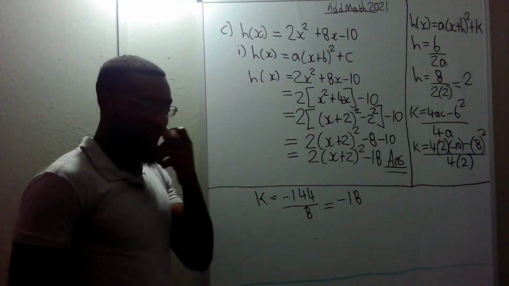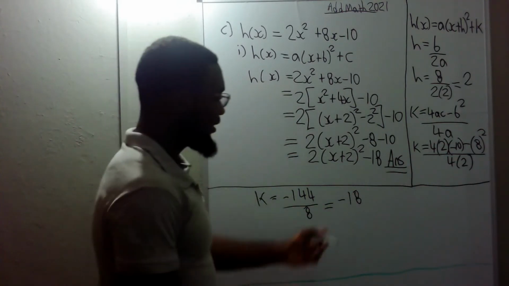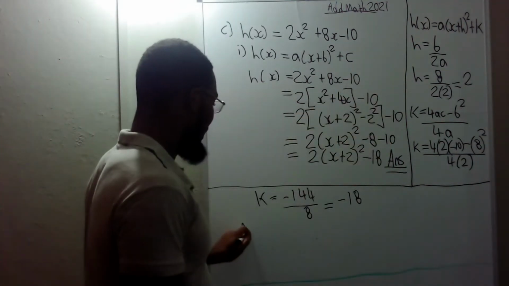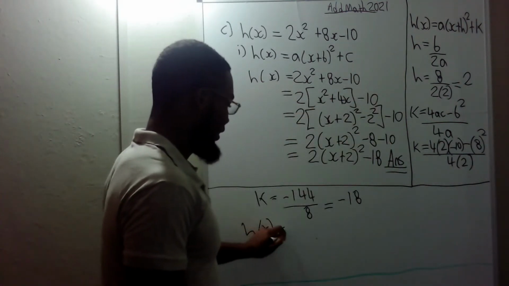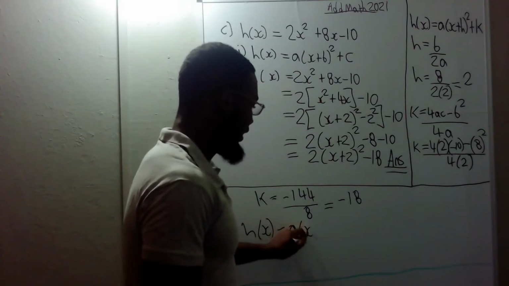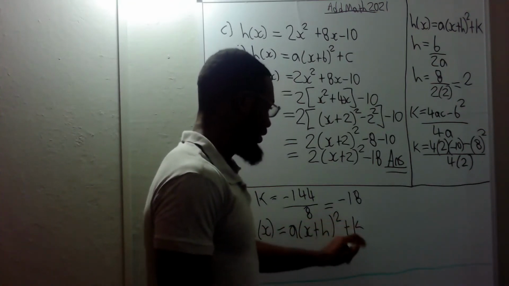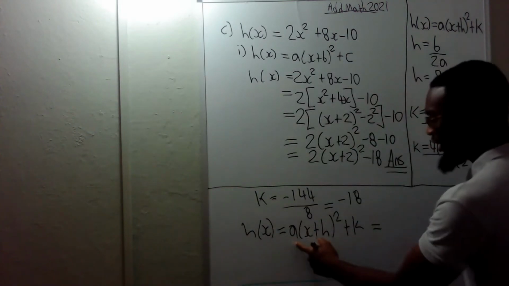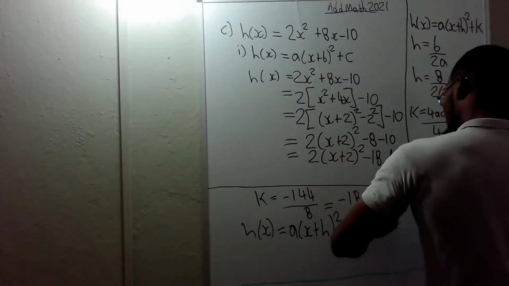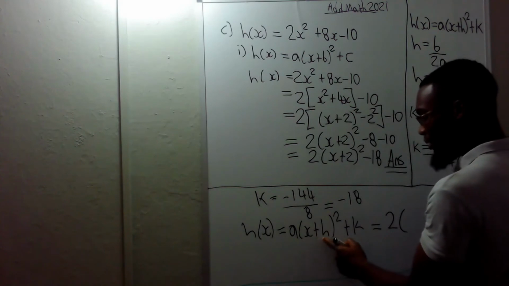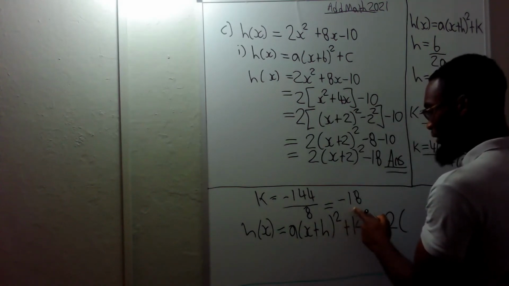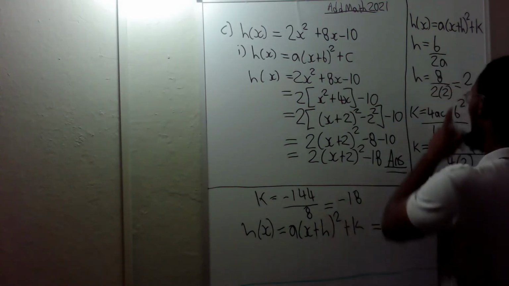Yeah, easy. So guys, putting it in that form, h of x is equal to a in bracket x plus h squared plus k. What was a? a was 2. What was h? h was 2.